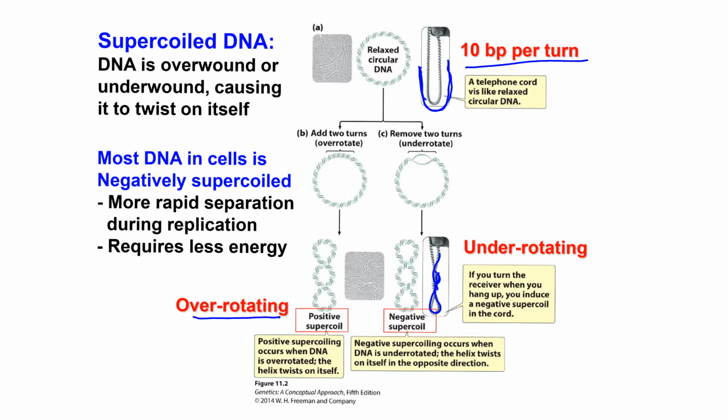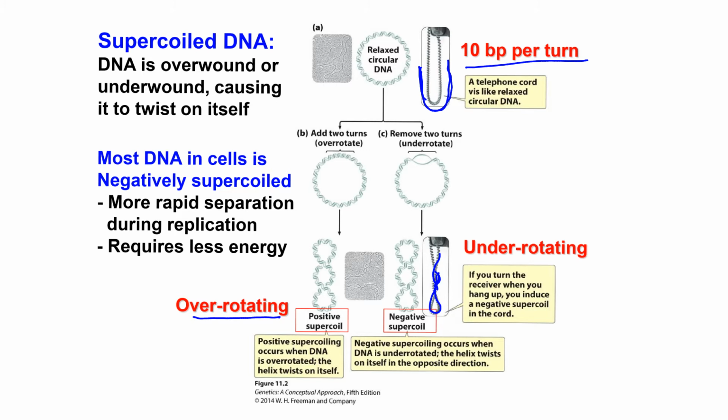In cells, most DNA is negatively supercoiled. Why is it? Supercoiling is important for ensuring the DNA takes less space so that it can fit into the space provided. However, negatively supercoiled DNA, which is under-rotated, would separate more easily than over-rotated DNA.